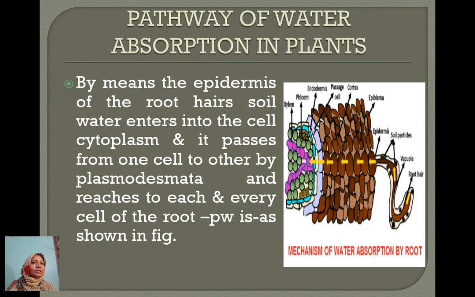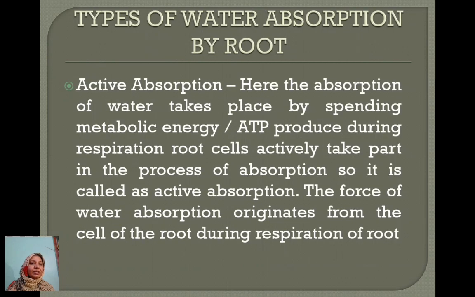Through these plasmodesmata the root hair supplies water to each and every cell of the root up to the xylem of the root, as shown in the transverse section of the root. There are two types of water absorption in root.